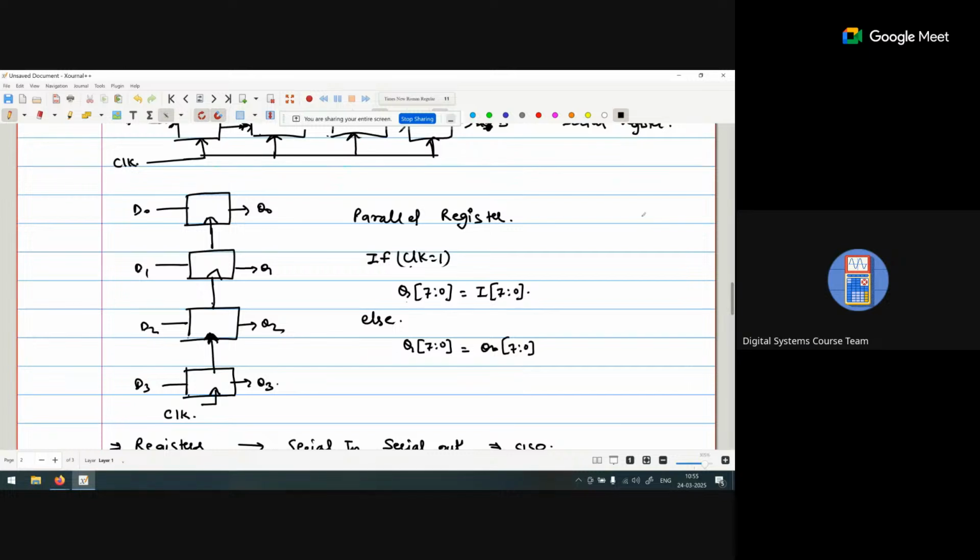Here we are using Qn plus 1 for any term. So if the clock pulse is applied, we get the next output similar to the input. But if the clock is 0, we get the same output that we got in the previous state.